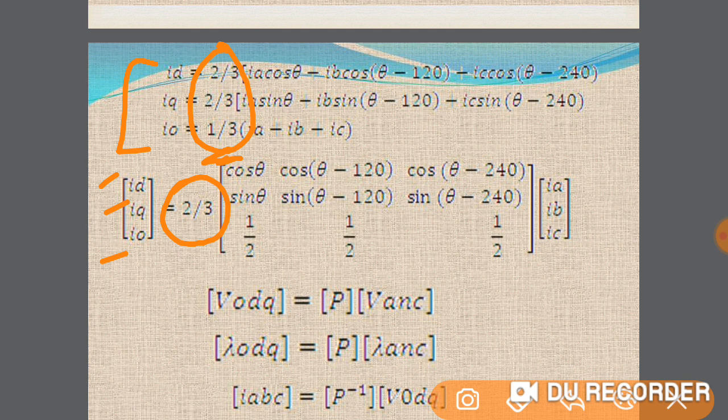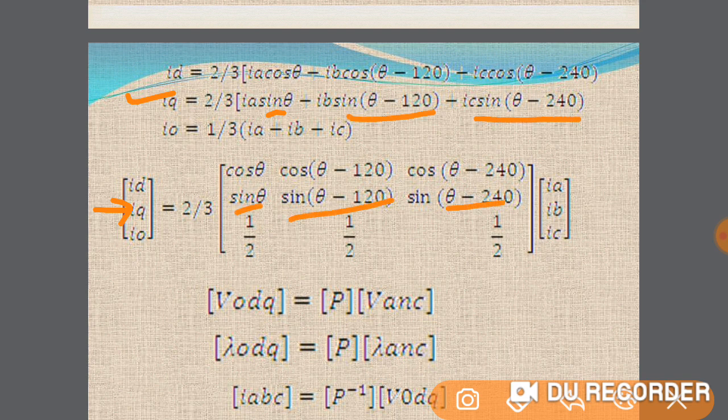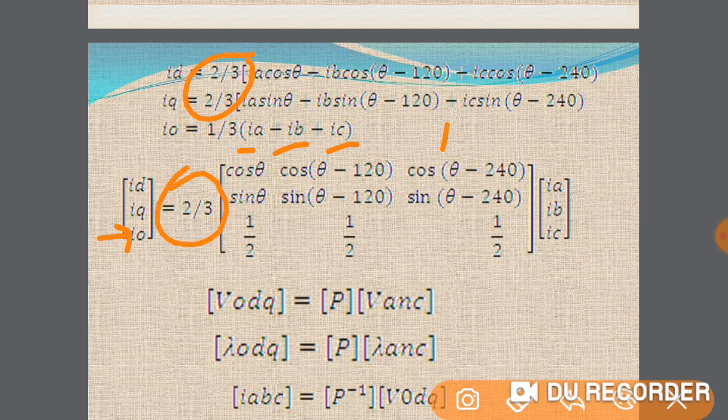First we will write the remaining terms, taking cos theta, cos theta minus 120, cos theta minus 240. Then for the next equation for IQ, we take sin theta, sin theta minus 120 and sin theta minus 240. Then for I0, we have IA, IB, IC, meaning the coefficient is 1, so we haven't written anything.